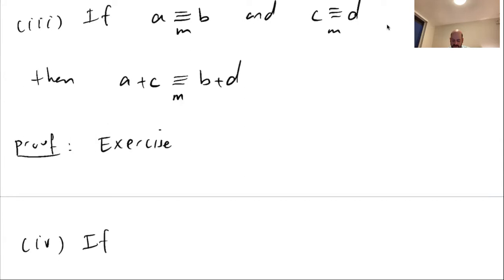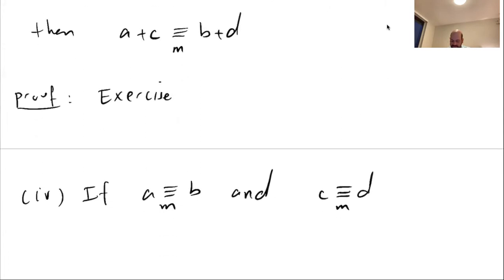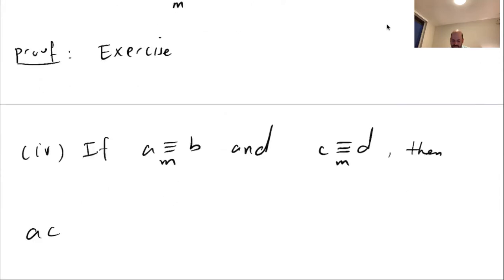If A is congruent to B modulo M and C is congruent to D modulo M, then AC is congruent to BD modulo M. So how can I prove this one?